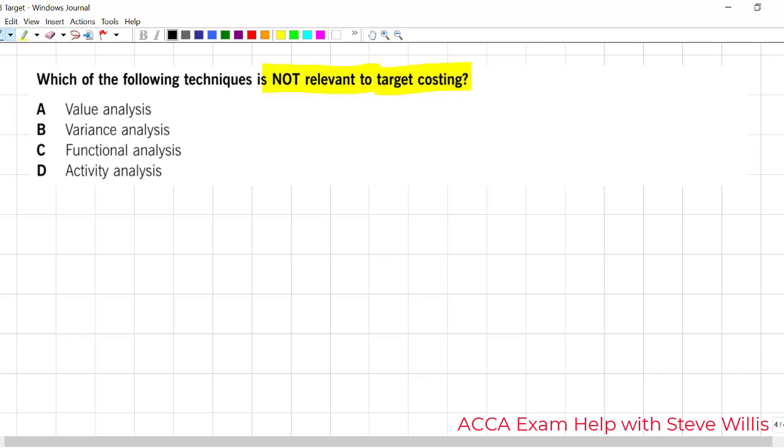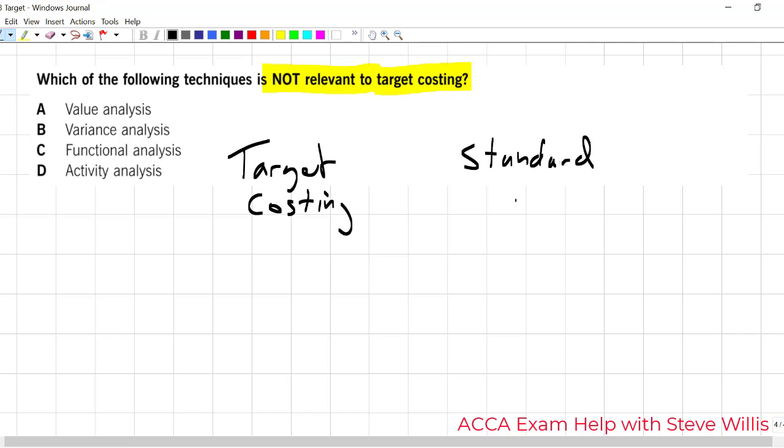And I want to compare target costing, which is a modern approach, to standard costing, the traditional approach developed in traditional manufacturing, the end of the mass production era. And they are different. Target costing, modern; standard costing, traditional. In target costing, we are using the principles of Kaizen, continuous improvement.